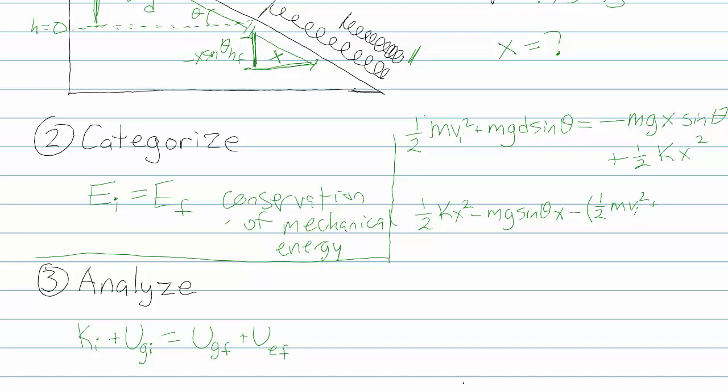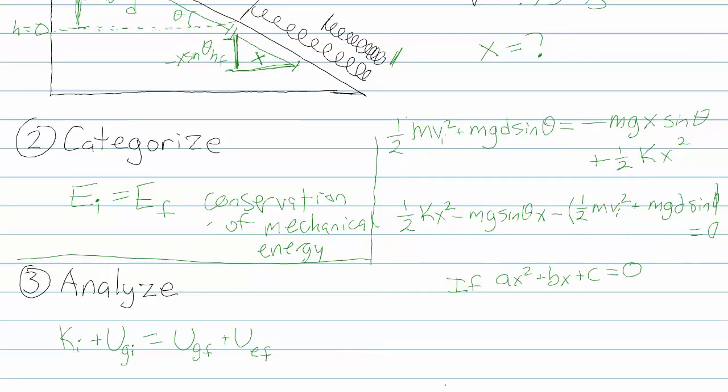Once you reorder this, we have 1/2 k x squared minus m g sine theta x minus this other stuff equals 0. Now I know that I'm going to have to use the quadratic equation to solve for x, because I've got an x squared and an x, and I can't really do anything about that. Try as you might, you're going to have to use the quadratic equation, which I definitely didn't have to look up and knew right off the top of my head.